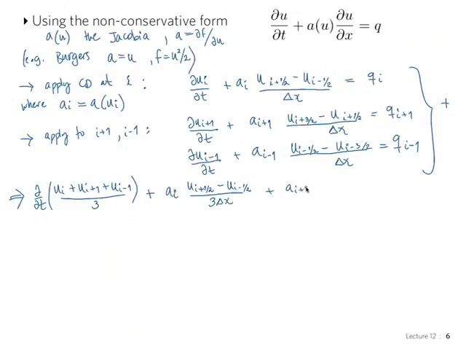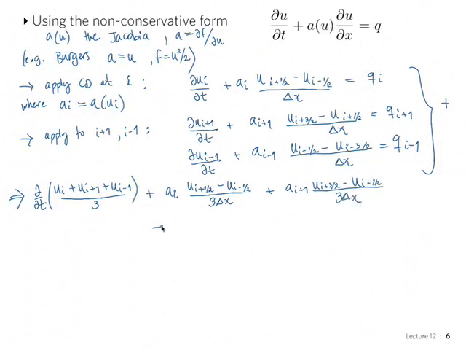A_(i+1) (u_(i+3/2) minus u_(i+1/2)), and divided by 3 delta x.